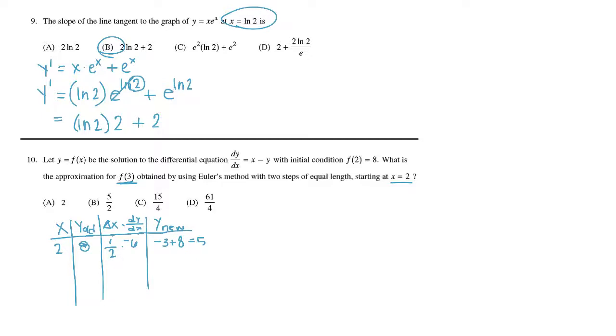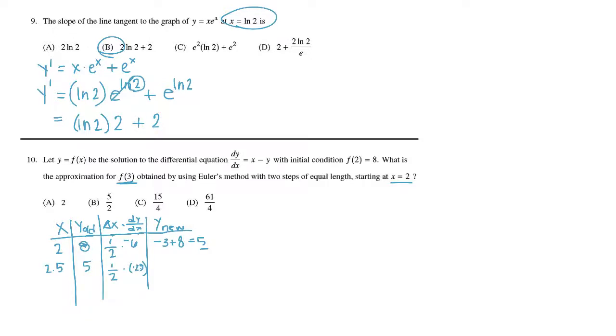So now we need our new x value, which we're changing by 1/2, so we're going to be at 2.5. And then here our old y value would be 5. And so our change in x, which is 1/2 again, times our difference here in our slope, which is -2.5.